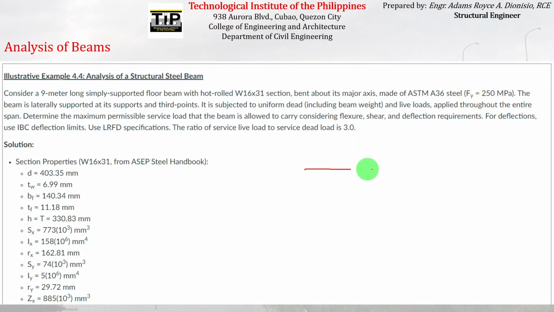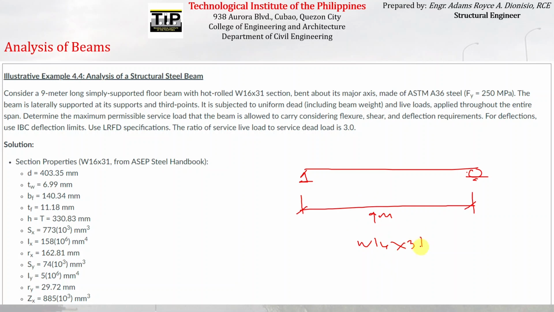So we have here a simply supported beam with a total length equal to 9 meters according to the problem, and it's actually a W16 by 31 section. If you look at the cross section of the beam that we are considering here, it's made of ASTM A36, meaning its Fy is equal to 250 megapascal.